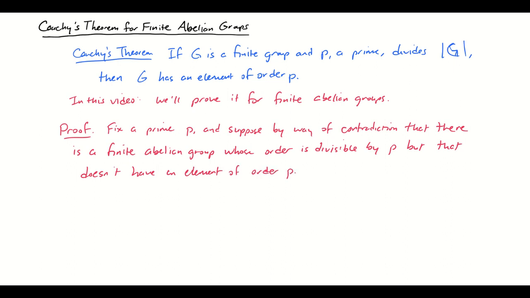All right, so we're not going to work with just an arbitrary group that fails this statement. We're going to work with the smallest group that fails this statement. So by well ordering, there must be a group, let's call it G naught, of minimal order having this property.